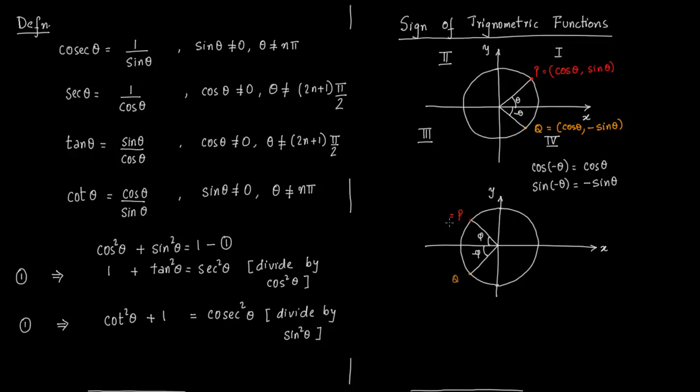So what is P? P has the x coordinate always given as cosine of the angle and the y coordinate given as sine of the angle. Now the x coordinate is negative, so you have minus cos phi. The y coordinate is positive here for P. So again the x coordinate is negative and the y coordinate is positive in the second quadrant.